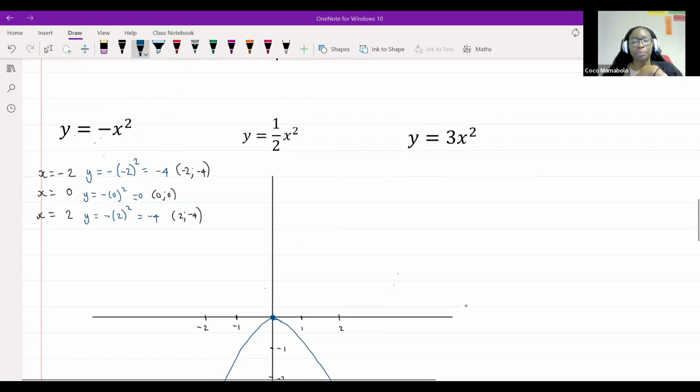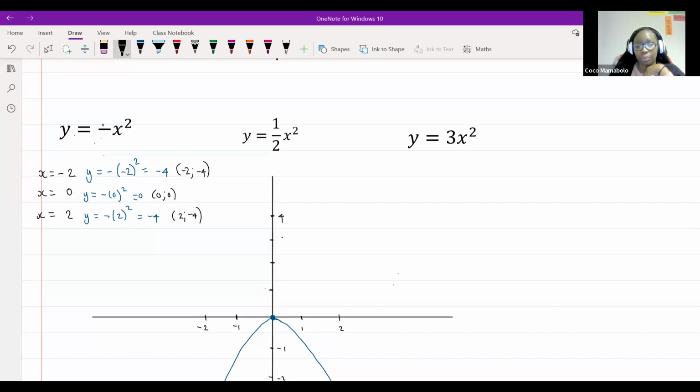All right. Okay, let us then sketch the graph of y is equal to half x squared. Now, here's what I'm going to do. I'm quickly going to take that purple graph that we drew up there, and I'm going to draw the graph of y is equal to x squared over here as well.